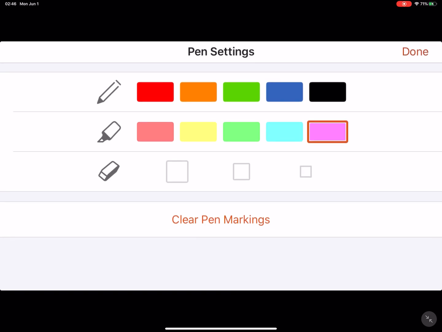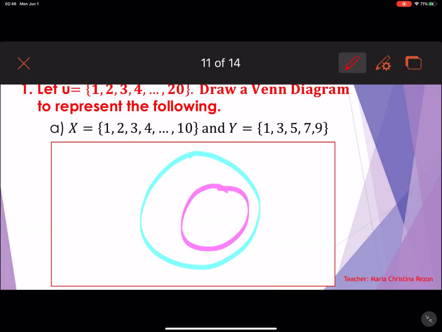So we'll see that this is X and this is set Y. So inside Y is this set here. So you have 1, 3, 5, 7, and 9.